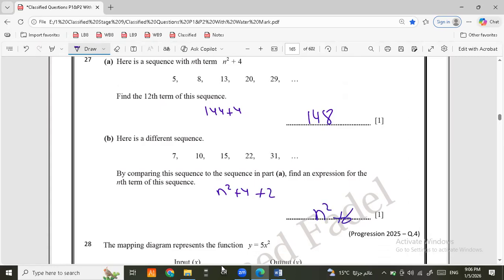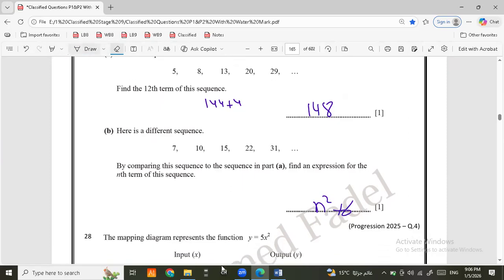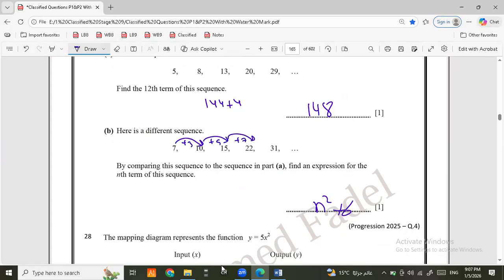Even if you do it on your own without depending on sequence A, you're going to find that I added over here a 4, a 3, added over here a 5, added over here a 7. It is going to be a quadratic sequence. So it is n squared.